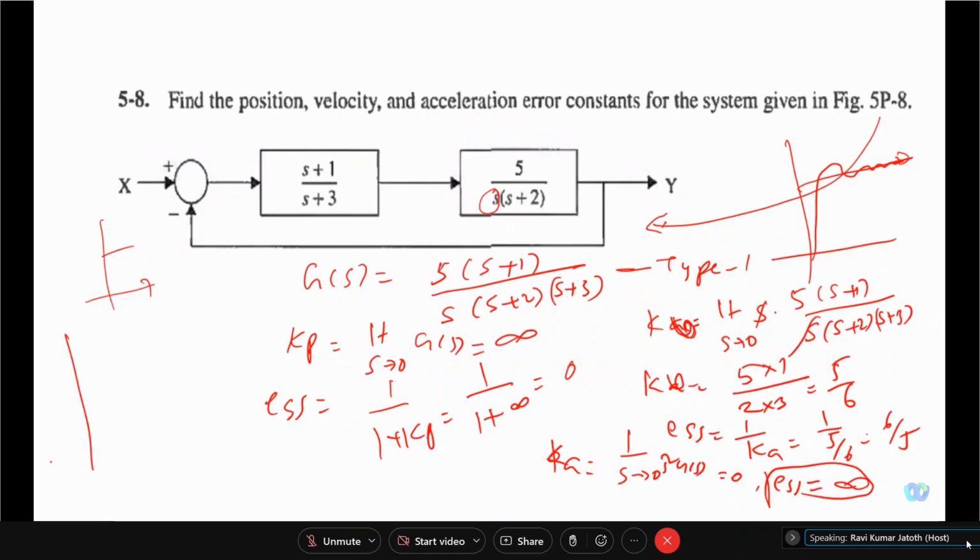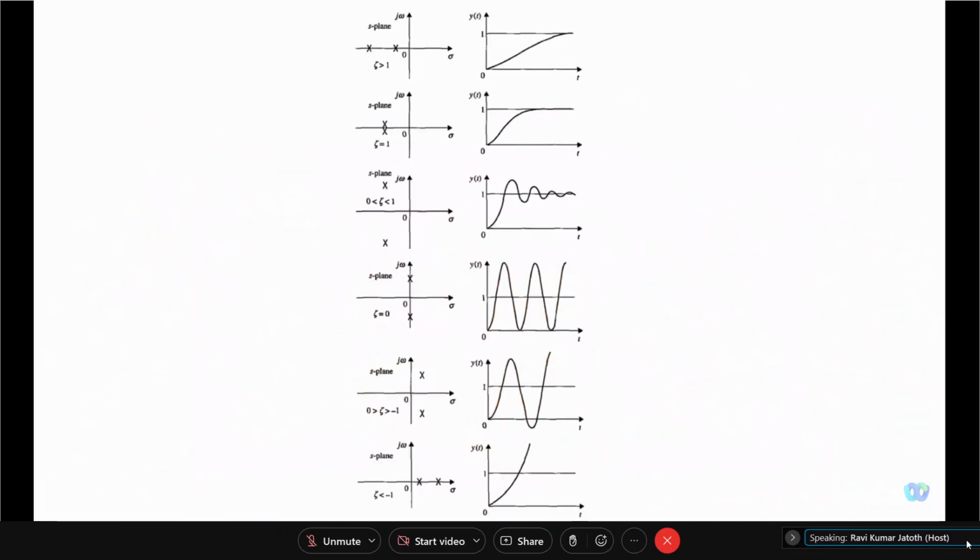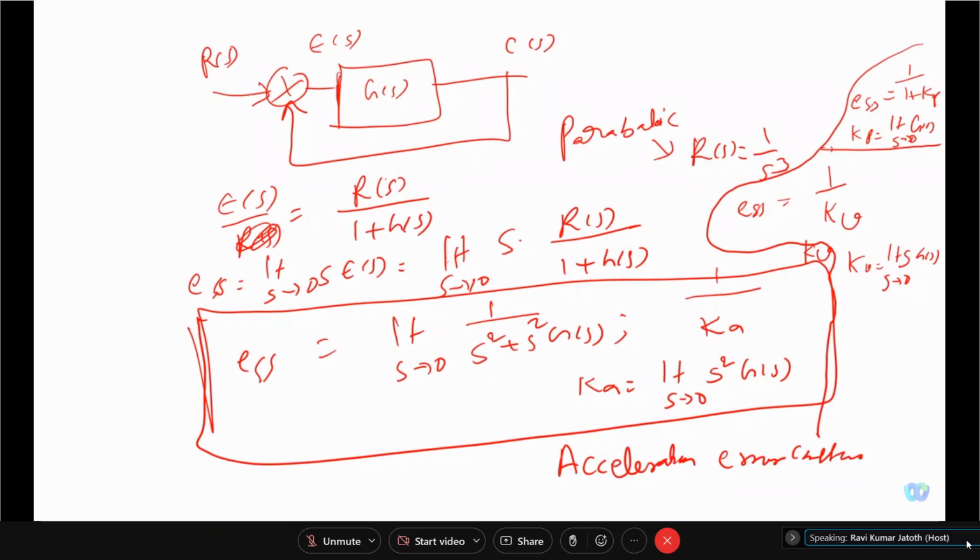That means when the input is like this, your output may be like this: infinite error. So this is what is plotted here. You can see the screen, no? Yes, sir.